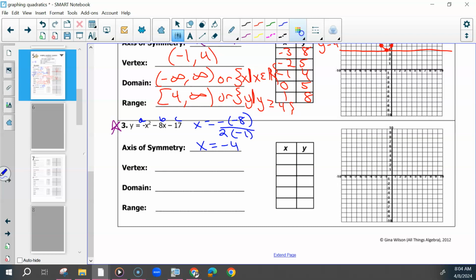And then go ahead and put that into your equation to find your y value. Make sure you're using parentheses. What is our y value?